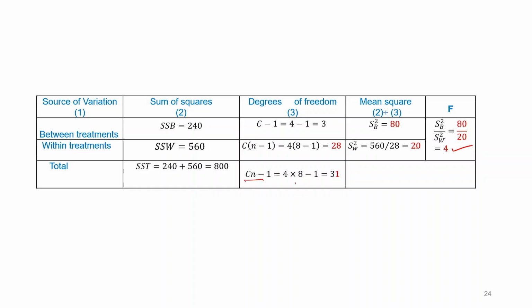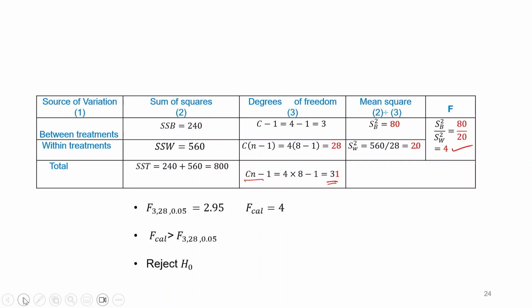And Cn minus 1, we can easily find out because C and N were given in the beginning. This is 31. So I have all the missing points.